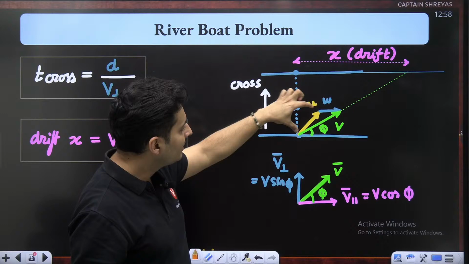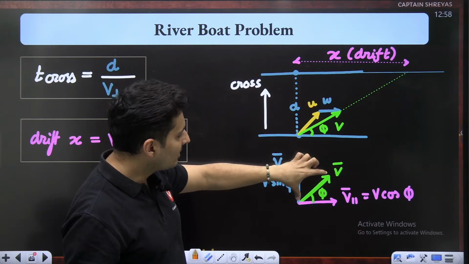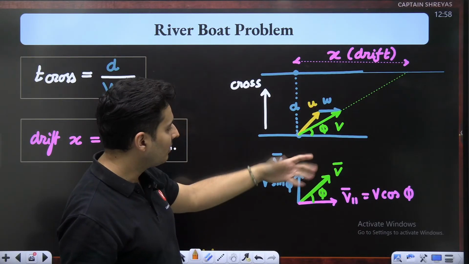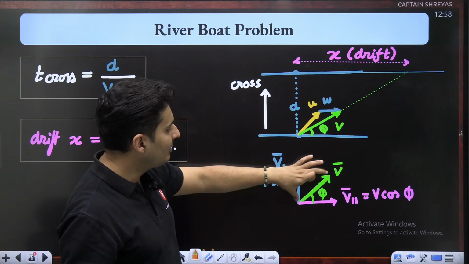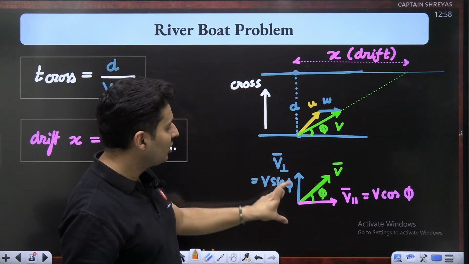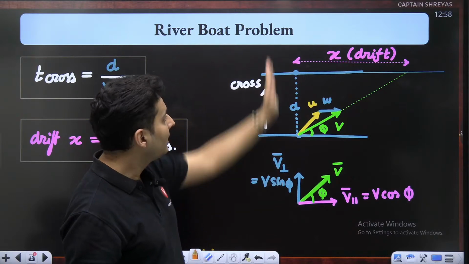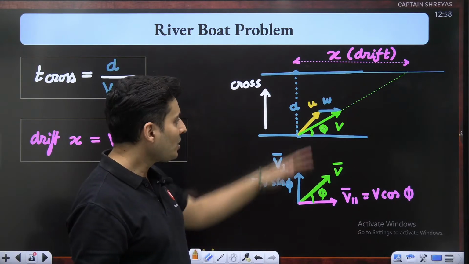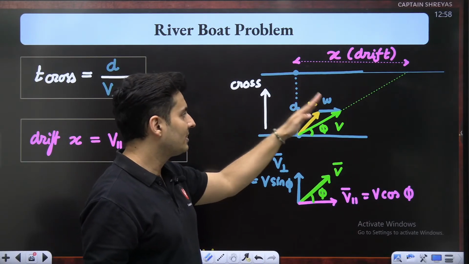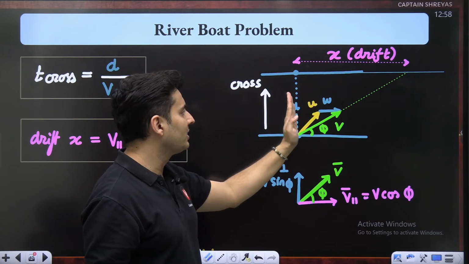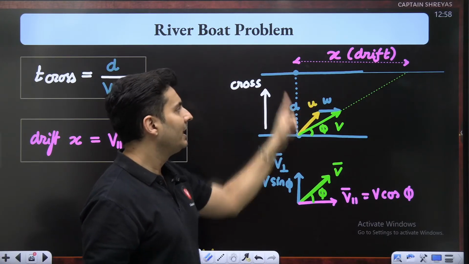But if you use the complete velocity here, the resultant velocity will be making as much component as possible in this particular direction. So you will try to swim such that as much velocity as possible is over here.